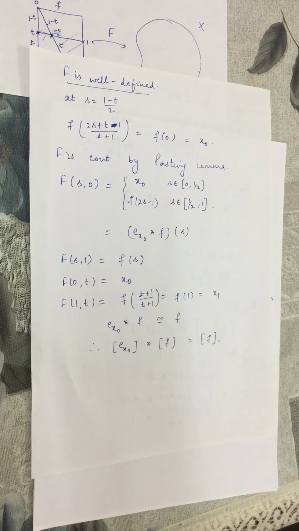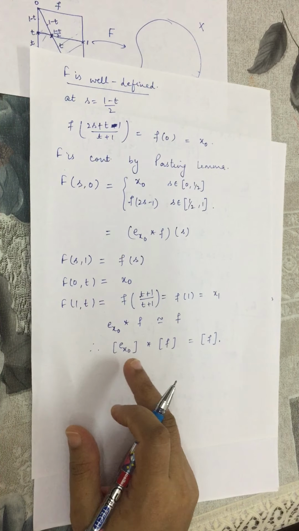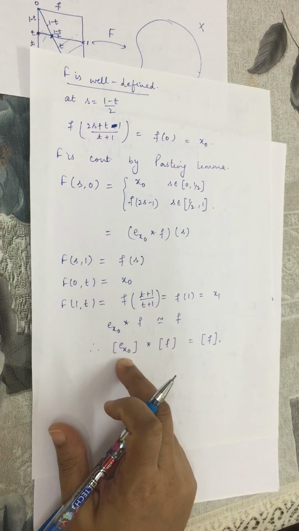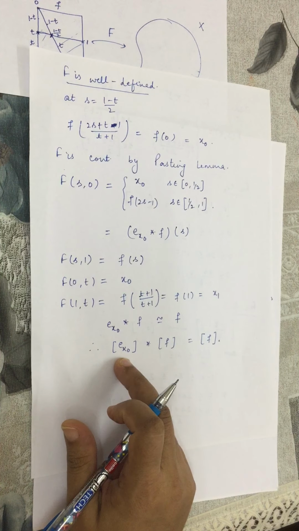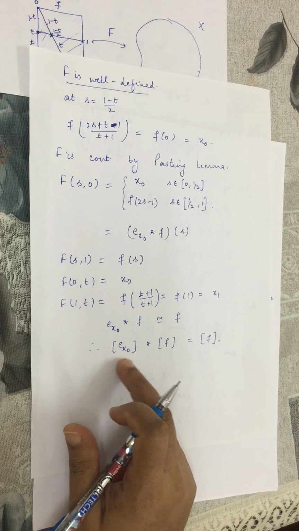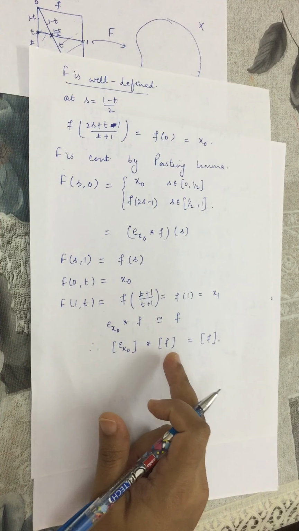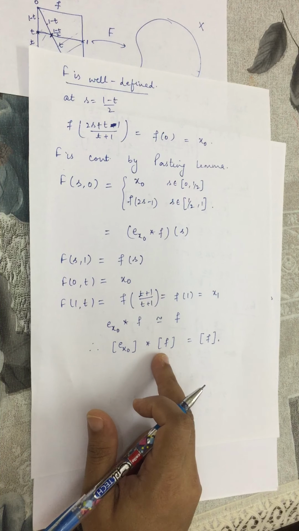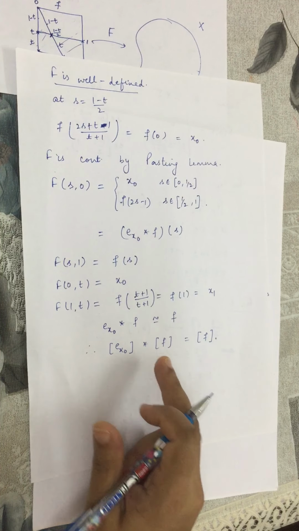That means for the product of homotopy classes, there exists a left identity. The homotopy class of the path e_x0, which is a constant path taking the whole interval 0 to 1 to the point x naught, will be the left identity for homotopy classes of paths starting at point x naught.